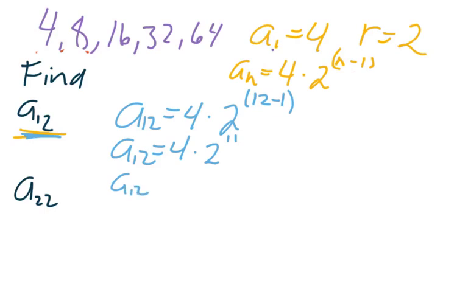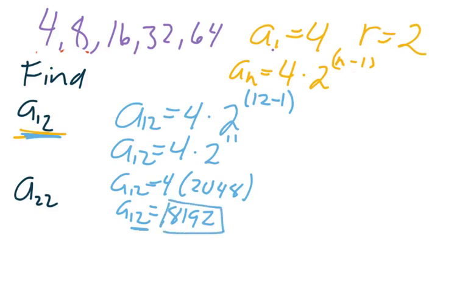So we have a of 12 equals 4 times 2048, and so a of 12 is going to equal 8,192. So our 12th term is 8,192.